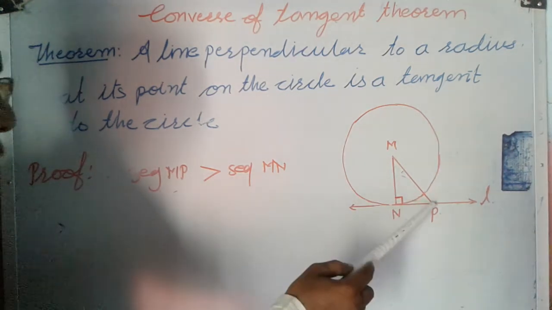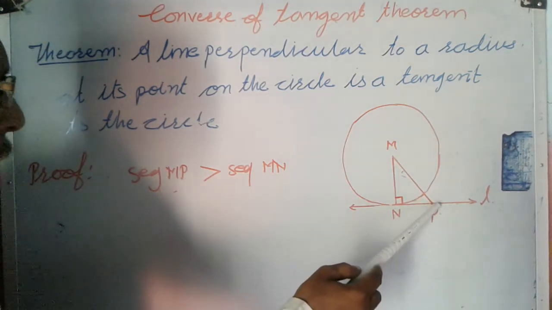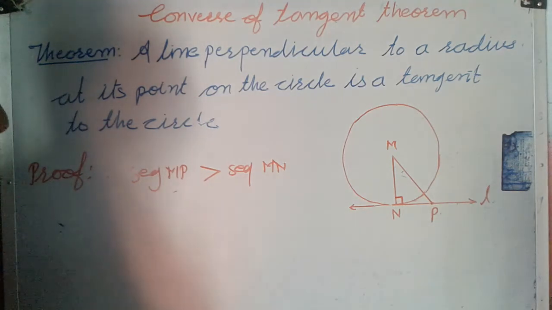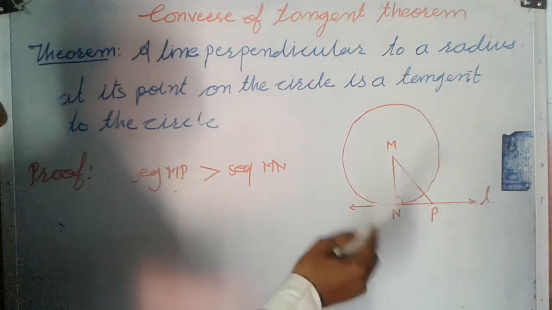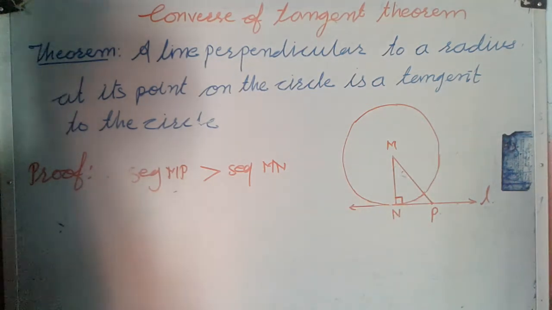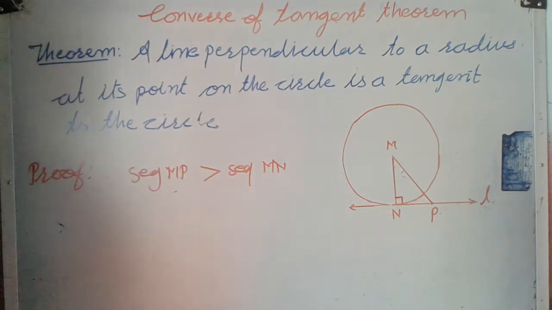That means this point P does not lie on the circle, and therefore no other point except point N of line L is on the circle.